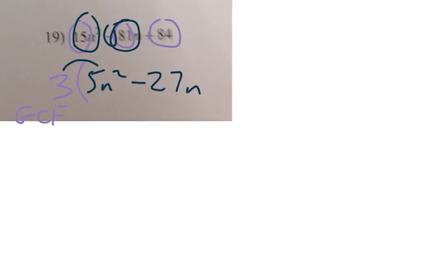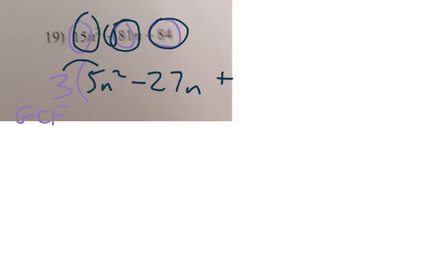My greatest common factor here. So let's just follow through on this. Hopefully you agree 5n squared times 3 is 15n squared. Minus, because there's a minus there, we know 3 times 27n is 81n. We have a plus 84 here, right?